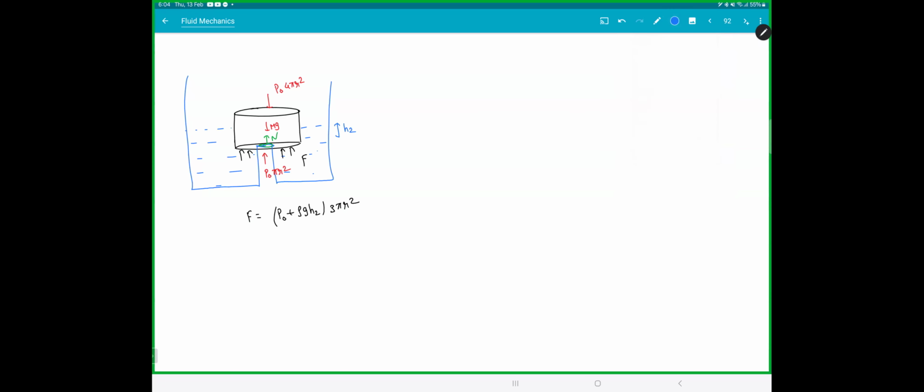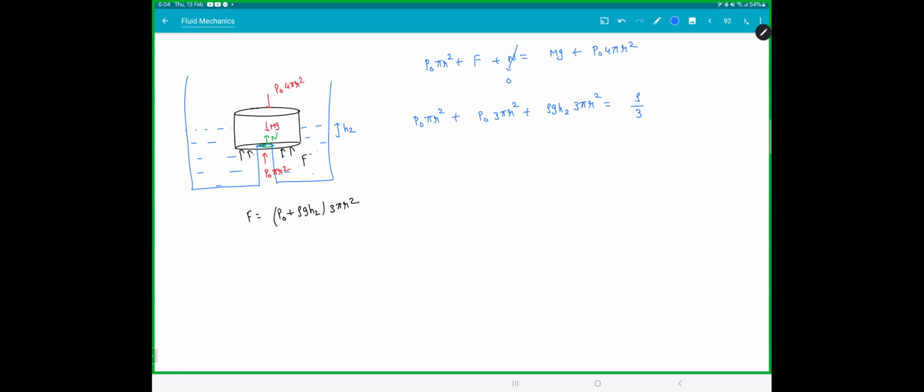But again, same thing. He said it is about to lift off, so N is 0. P naught pi r square plus F plus N equals mg plus P naught 4 pi r square. P naught pi r square, P naught 3 pi r square, rho g h2 3 pi r square.